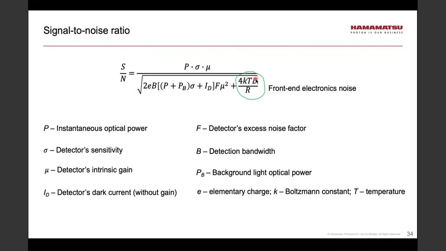And so this is the importance of intrinsic gain. The intrinsic gain can make the noise of detection electronics, in some cases, irrelevant. In some cases, you have to have enough gain for that. But please note that the penalty for the gain is the presence of this F. So the larger the F, the larger this overall term is.